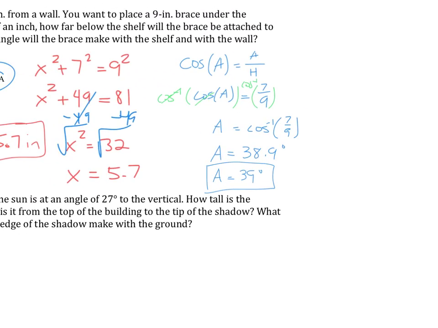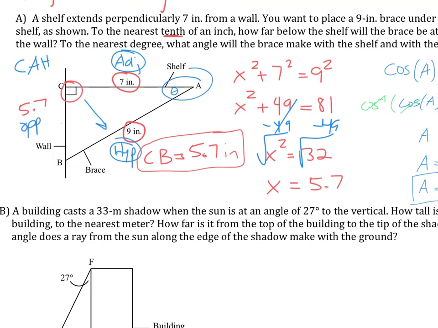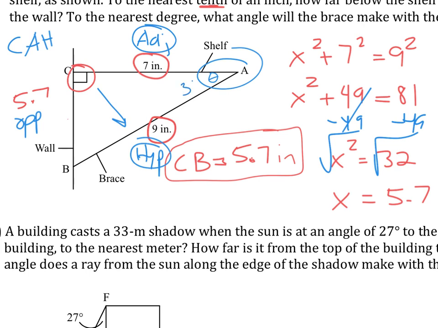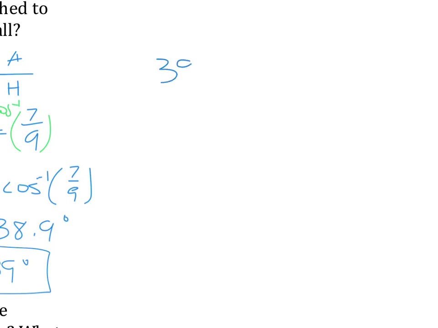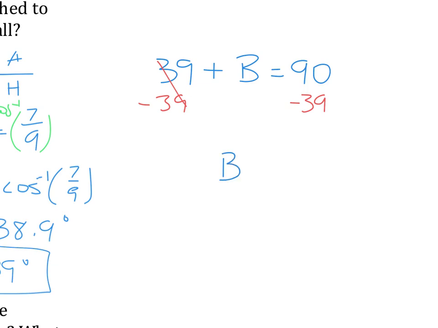And if angle A is 39 degrees, A, B, and C all add up to 180, and A and B have to add up to 90 since C is already 90. So 39 plus B has to equal 90. Subtract 39. So angle B is 51 degrees.